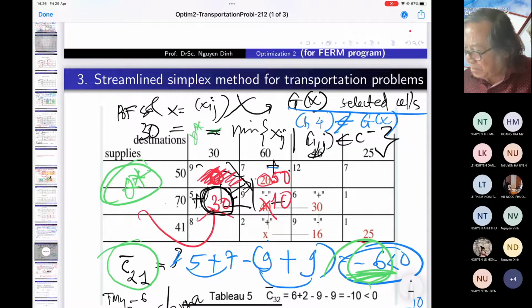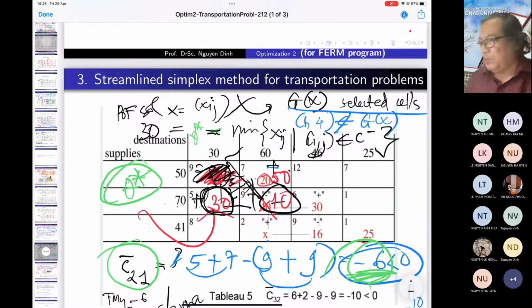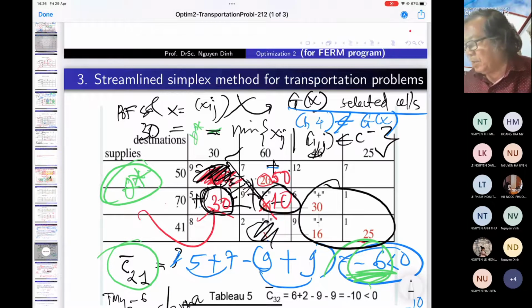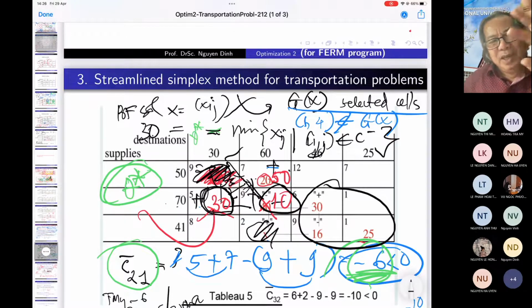In the minus cell it's minus 30, and it becomes 10 and becomes 0, and this is leaving. You have the new one, and all the other cells outside of the cycle have no change. 30, 16, and 25 have no change. Only these change. And with this change, you move to the new feasible solution.